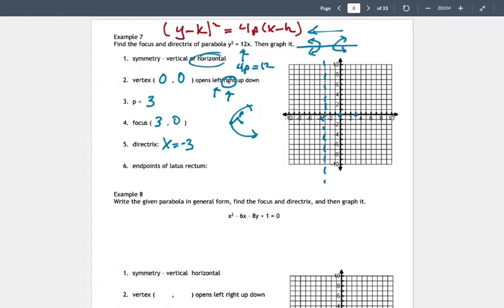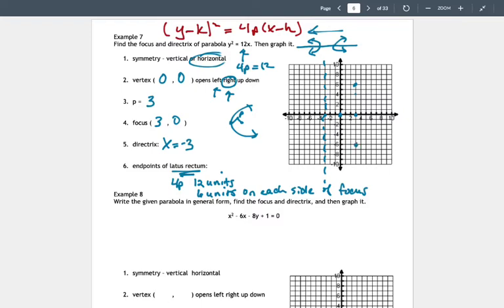All right, now we've got another segment called the latus rectum. The latus rectum is always 4p units long, so this one will be 12 units. And what you're going to do is graph 6 units, half of it, on each side of the focus. So over here at 3, 0 is my focus. I'm going to go 6 units up, which puts me right here, and then 6 units down, which puts me down here.